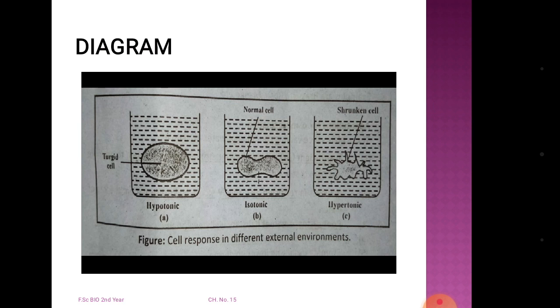In the case of hypotonic, the turgidity condition is seen. On the other hand, in the isotonic solution, the cell will show a normal structure. No water molecules will move out, or no extra water molecules will enter the cell. There is an equilibrium condition in this case.